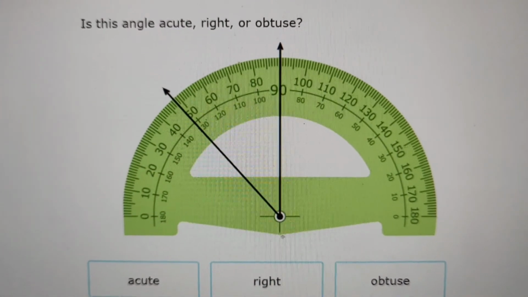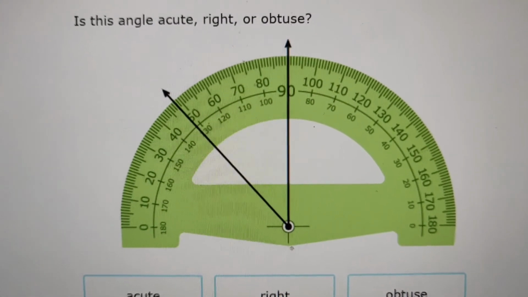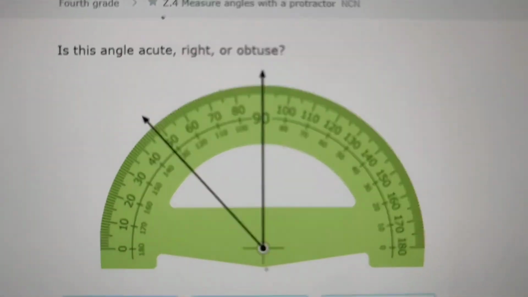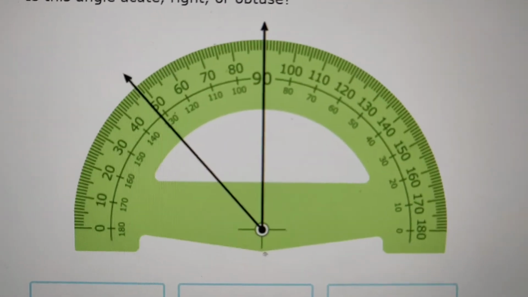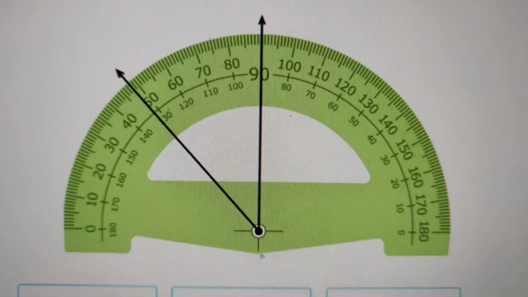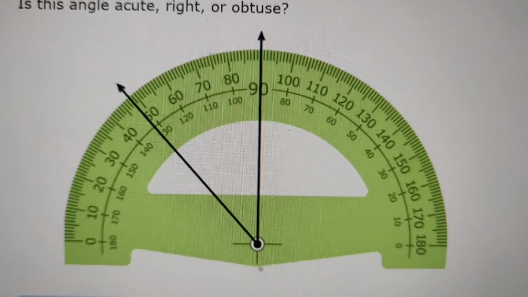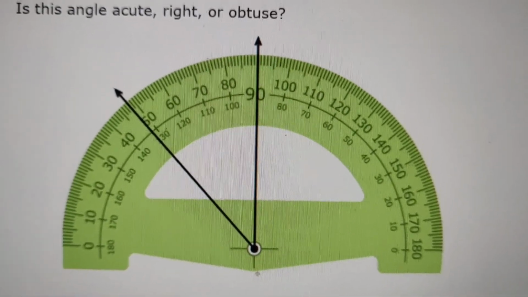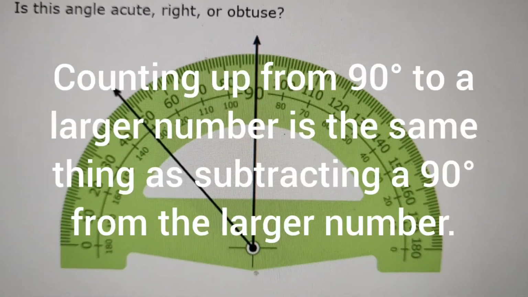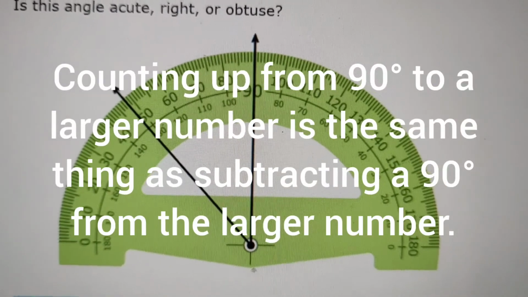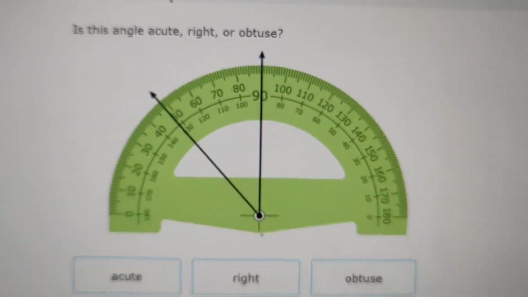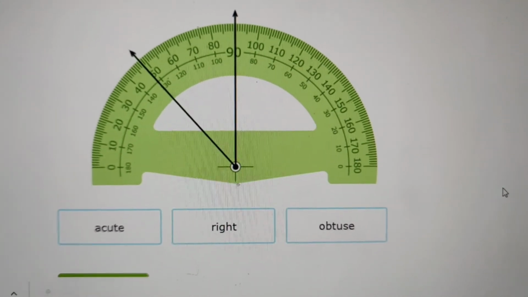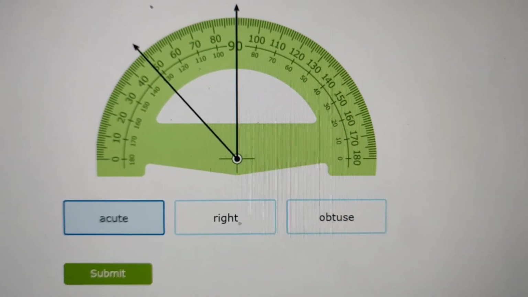This one might be a little bit interesting for some of you because it doesn't start at 0. Notice we could start at 90 degrees, go to 100, 110, 120, 130. So that's 40 degrees. It goes a little bit more than 40 degrees, which is less than 90 degrees, which makes it acute.